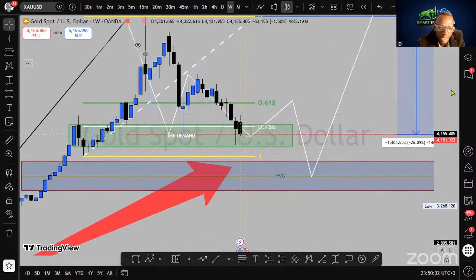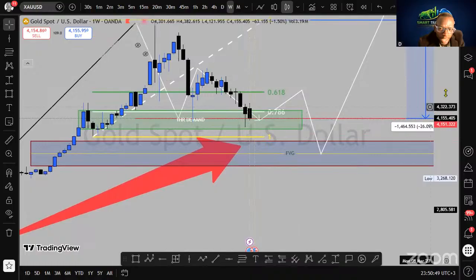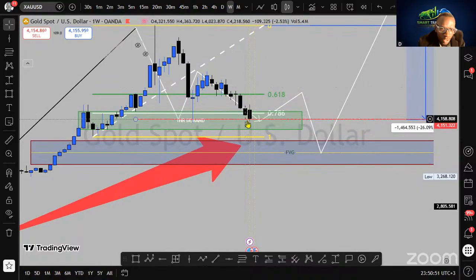You can see how we've been rejected. The first time we came here, we got rejected from the base, down here from the second base. Now we are trying to retest it again. Ideally, we always want this candle to close below for us to say that this territory is already taken.